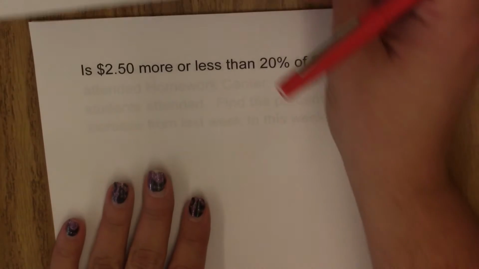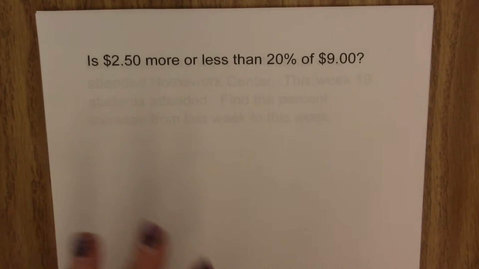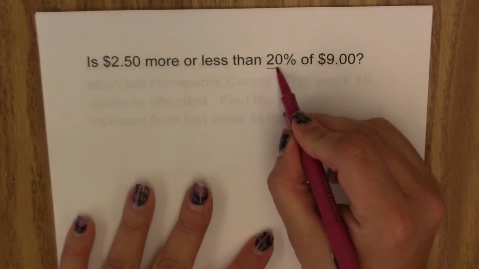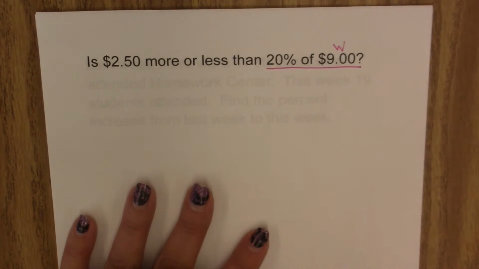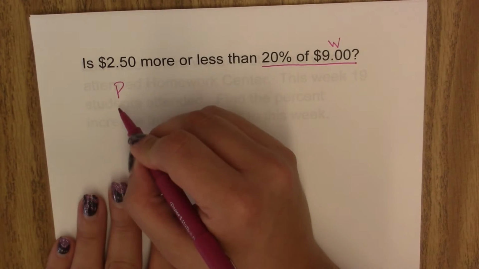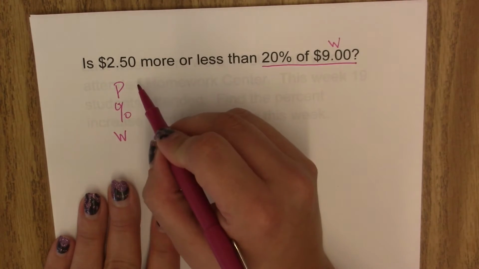Okay. Our next question is, is $2.50 more or less than 20% of $9? All right, so we're finding 20% of $9. So our $9 is our whole. So let's list out part, percent, and whole. We're looking for our part.